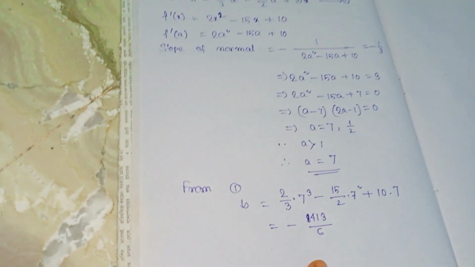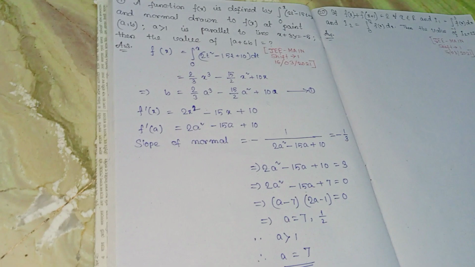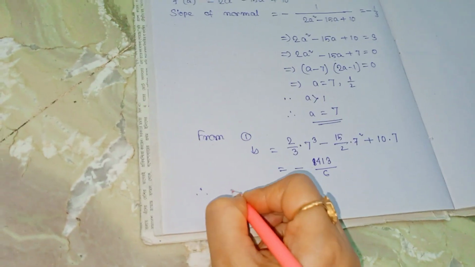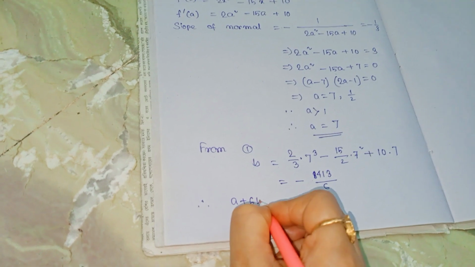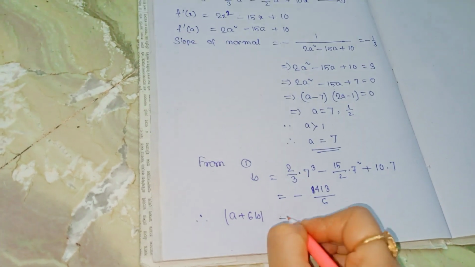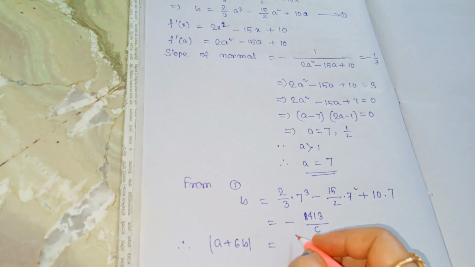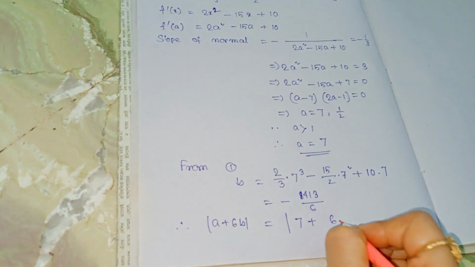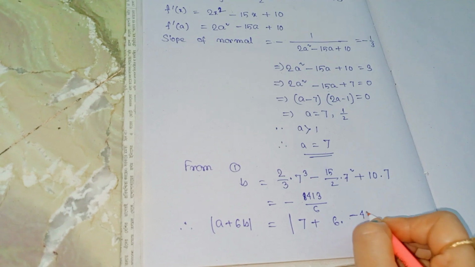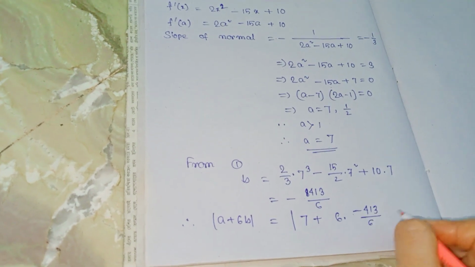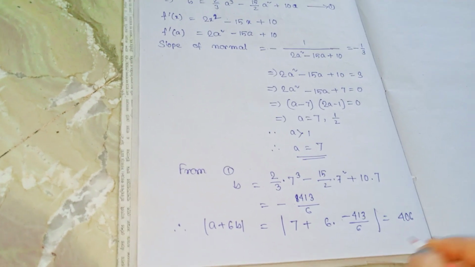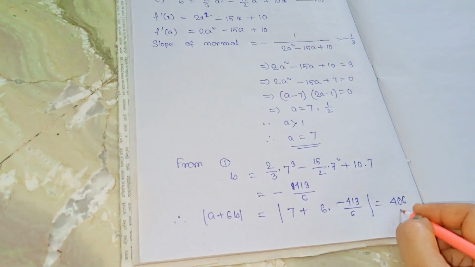So we want to calculate |a + 6b|. The value of |a + 6b| is equal to |7 + 6 × (−413/6)|, which is equal to 406. So this is our required value.